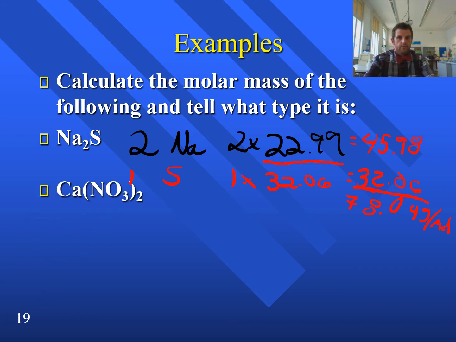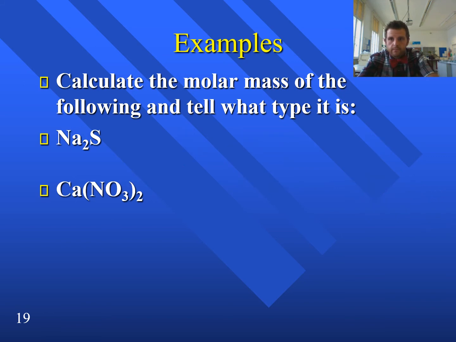This is another one where I'm showing you that you have to do the distribution. So this 2 multiplies all the numbers inside here. What I'm seeing here is 1 calcium, 2 nitrogens, because there was only 1 before, but now there's 2 of them. There were 3 oxygens here, but now there's 2 times 3 for a total of 6 oxygens.